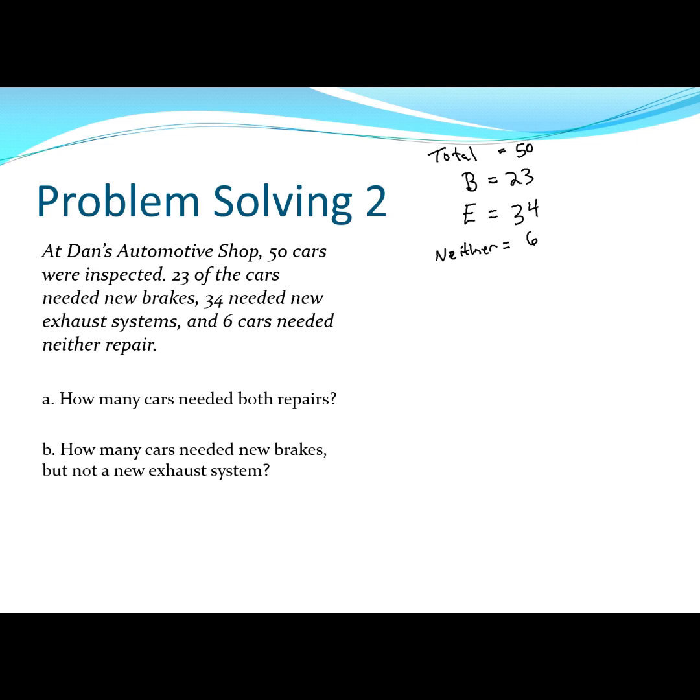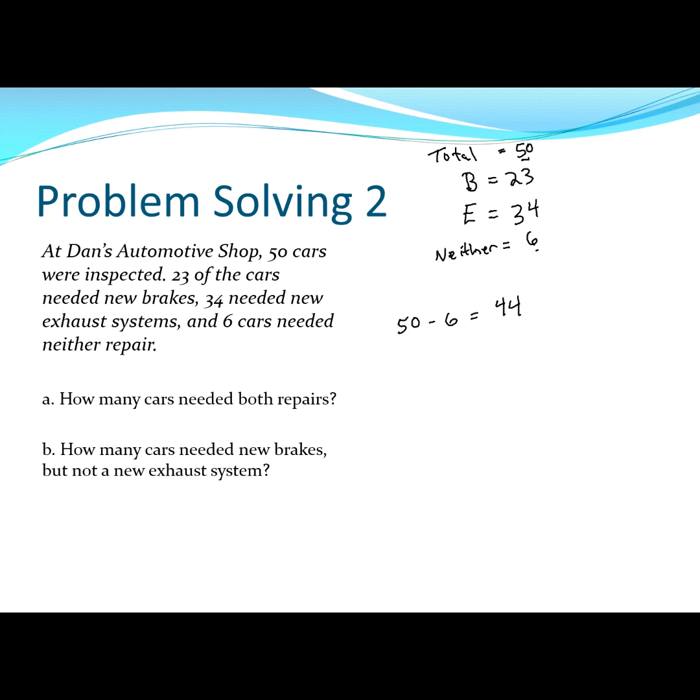We know that the total is going to be 50. So 50 minus 6 gives us 44. So that means that 44 cars needed brakes and or exhaust systems.